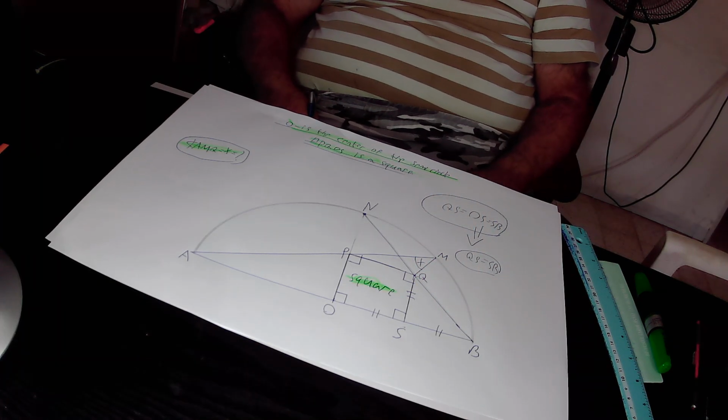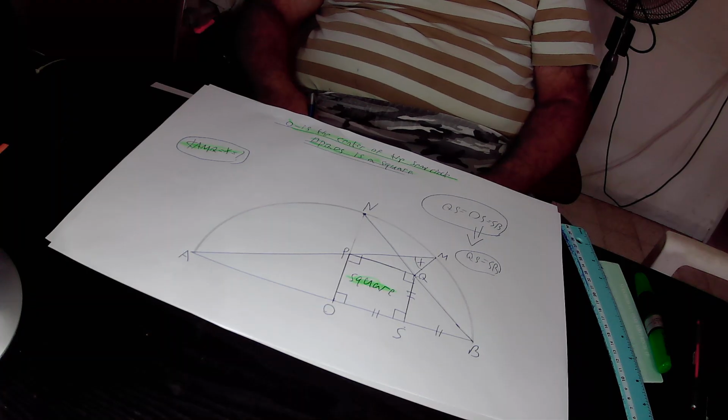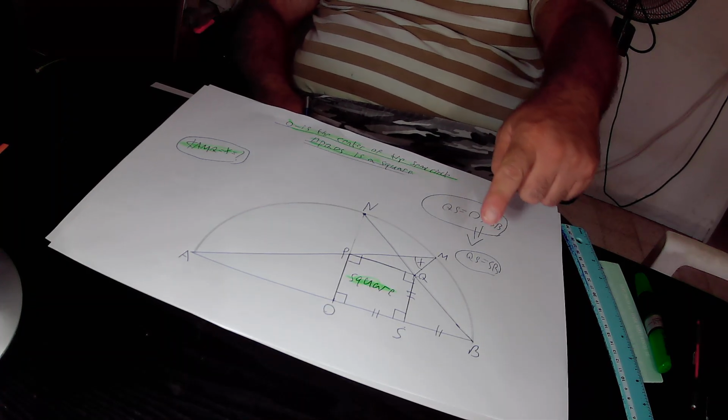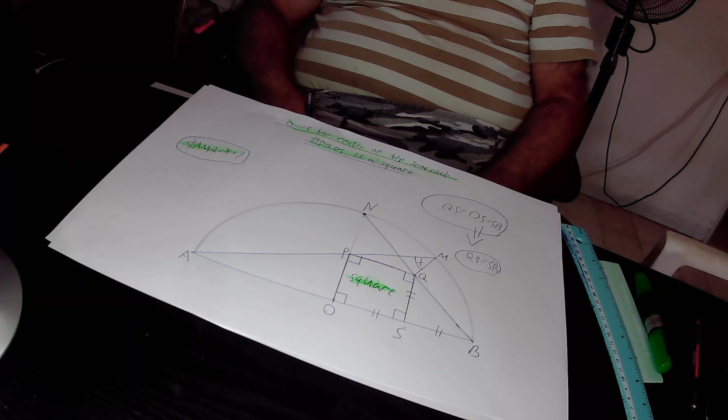We have the rule that in front of equal sides in the triangle there are equal angles. So if we look to the right angle QSB, actually we have to prove that the triangle QSB is a right triangle.